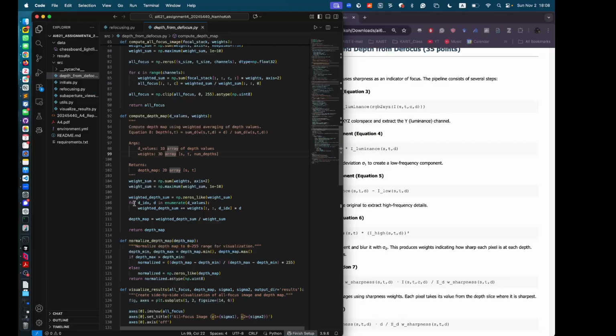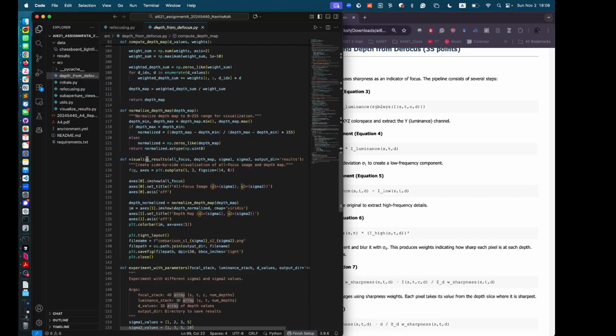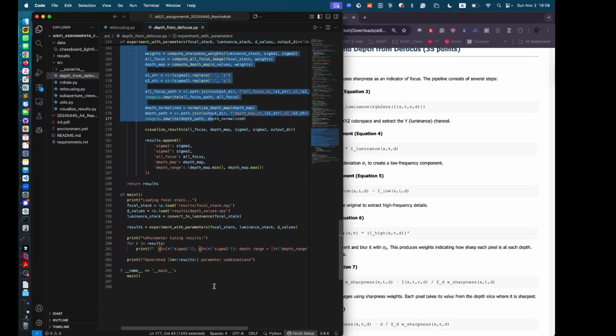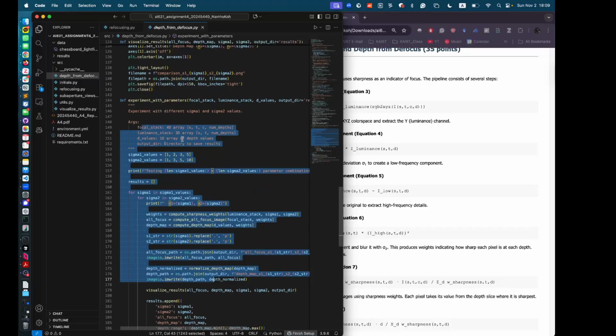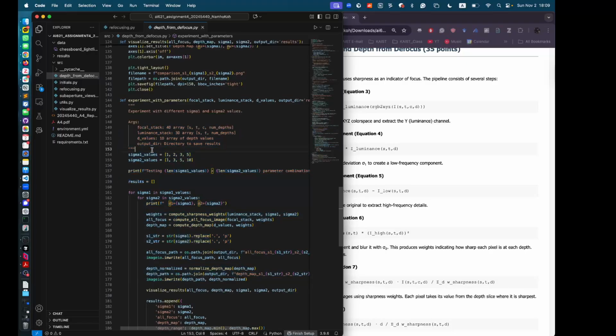Now, the tricky part is parameter tuning. So we tested 16 combinations of sigma 1 and sigma 2, shown in the experiment with parameters function at the bottom here, at line 114. From lines 154 to 155, we define our test values, as you can see here, which are sigma 1 being 1, 2, 3, 5, and sigma 2 being 1, 3, 5, 10.